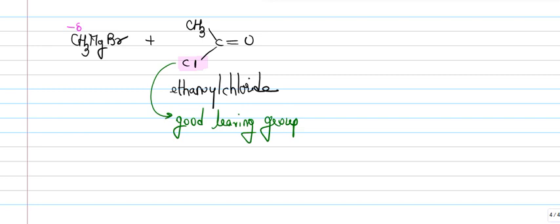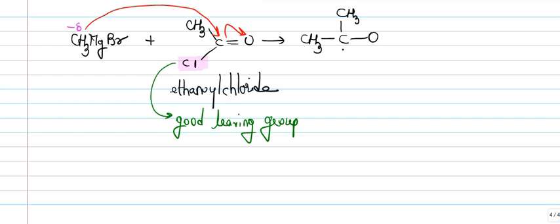And so the first step here would be nucleophilic addition on partially positive carbon, and you have CH3C(CH3)O Cl minus MgBr plus. This is the intermediate.